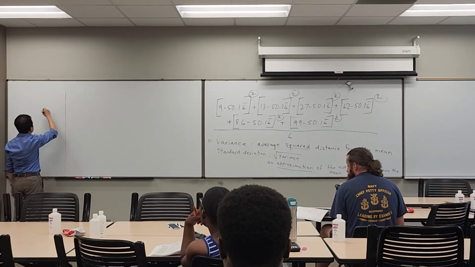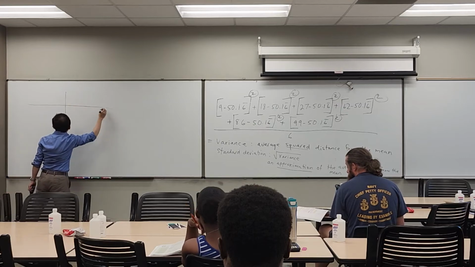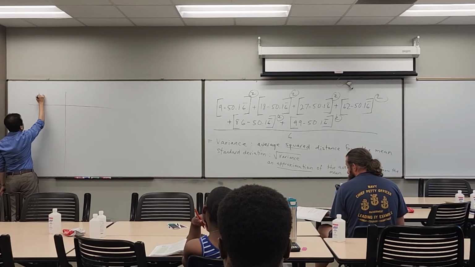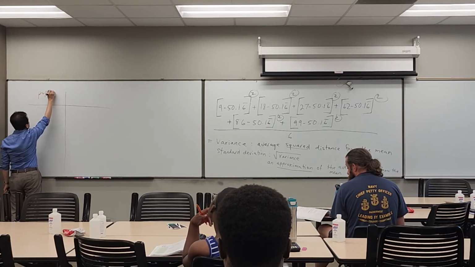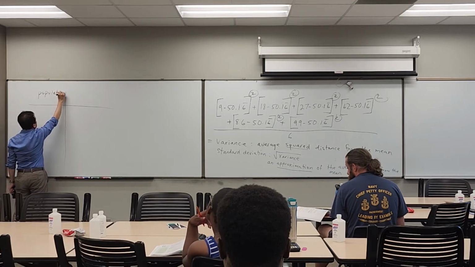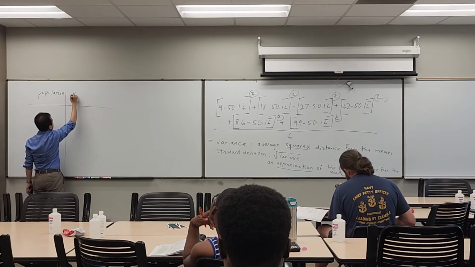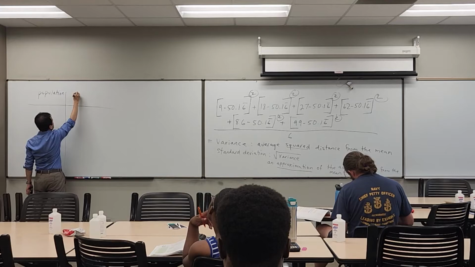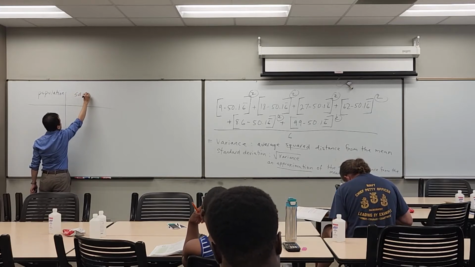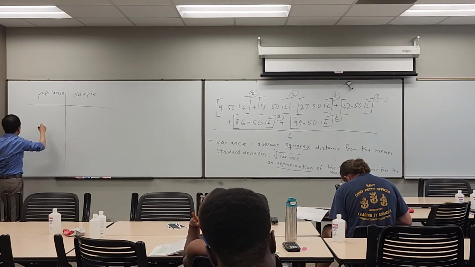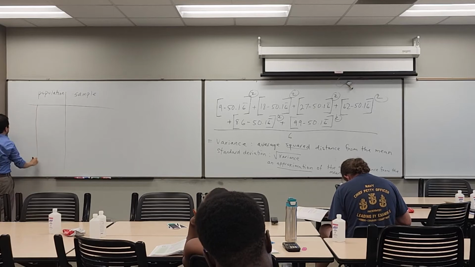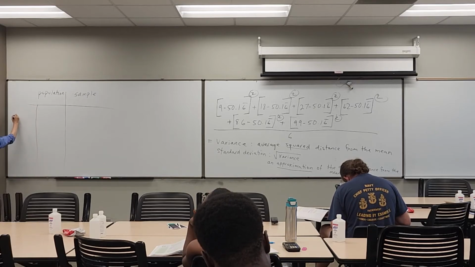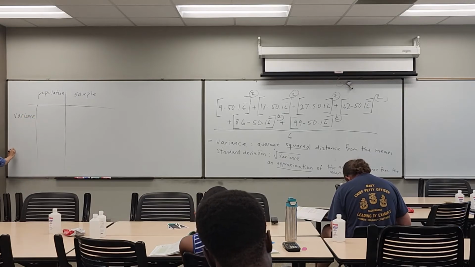So let's say that we have a population and a sample. And let's say for each, we try to calculate the variance versus the standard deviation.